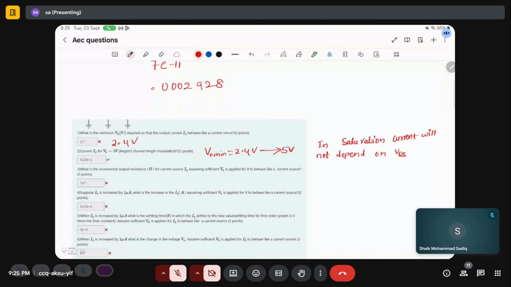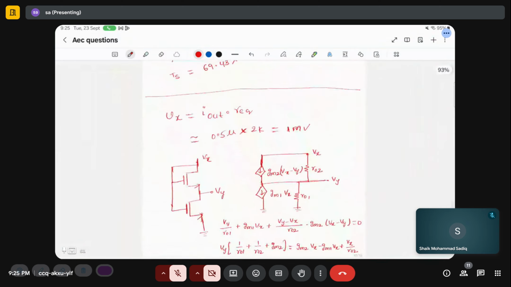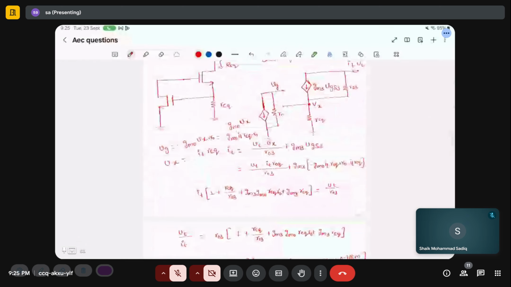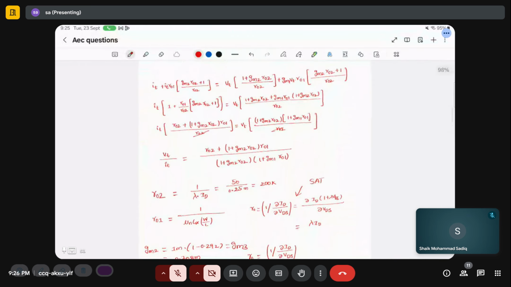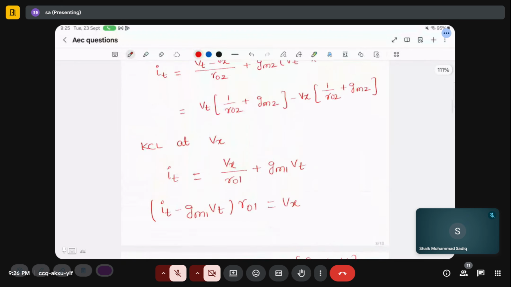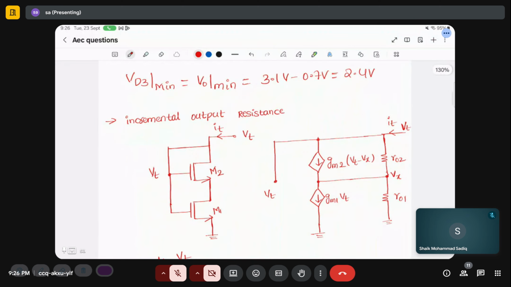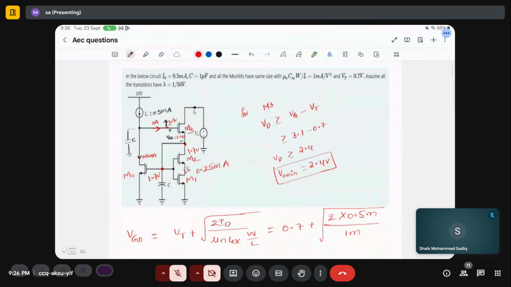So, the third part is to find the output resistance. To find the output resistance, I am dividing it into subparts.